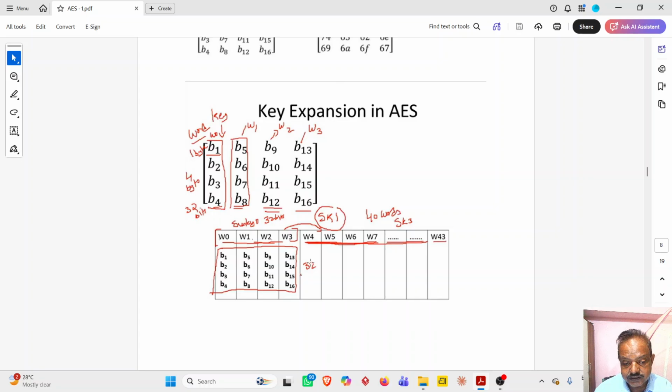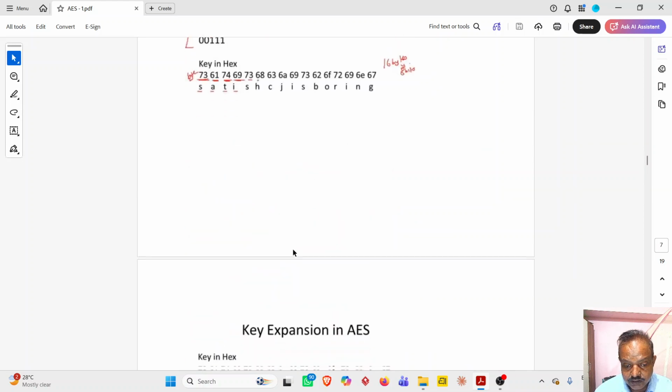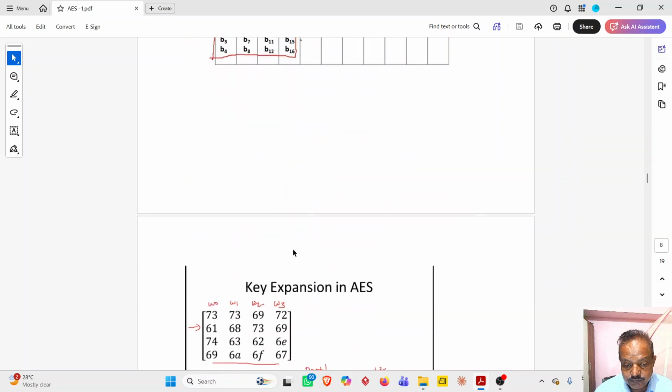Including the first round, there will be 10 plus 1, 11 rounds. 11 into 4, 44 words to be created. 44 means if I start from 0, it is 43. So total 44, because 4 is there, that is the round key that I have given. So that is there. The remaining 40 you have to generate.